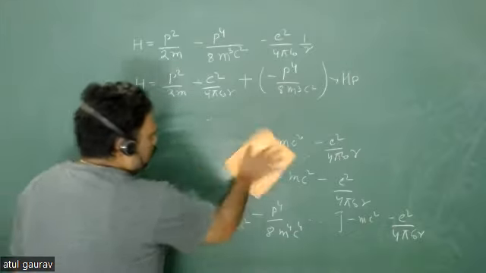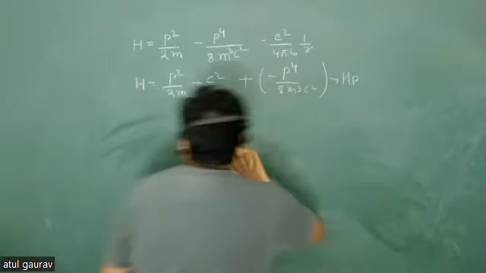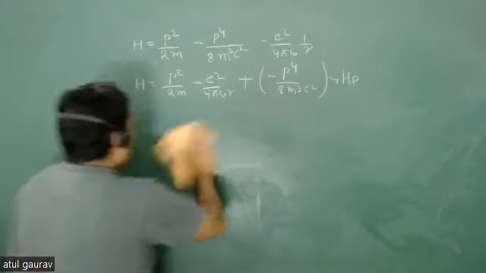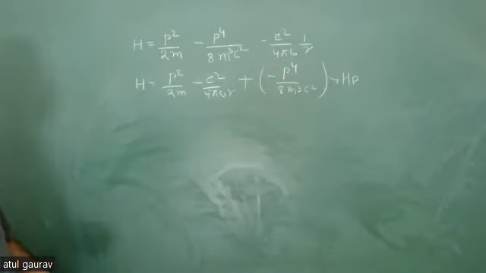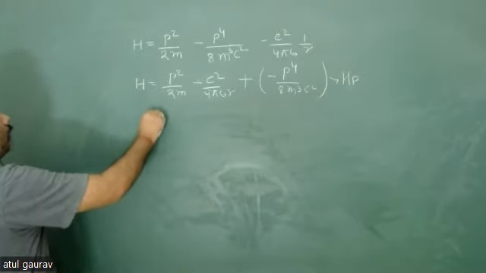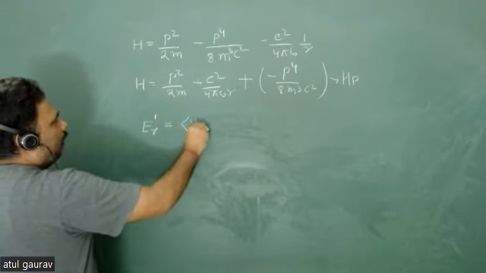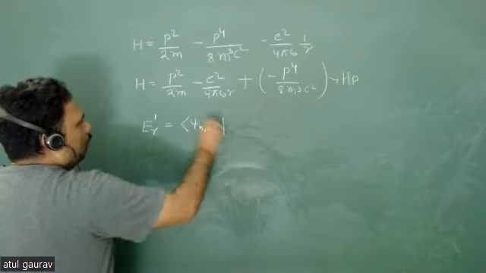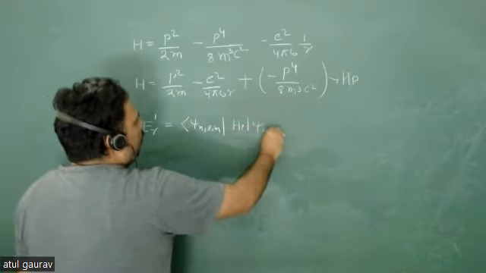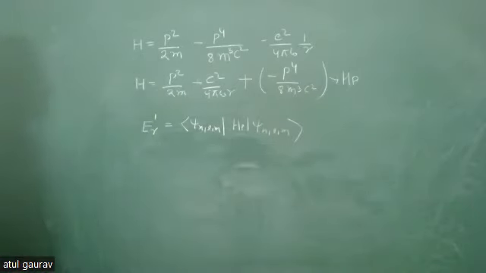So what we basically have is E relativistic of order 1, that is psi n l m H prime psi n l m, this is what we have to find.